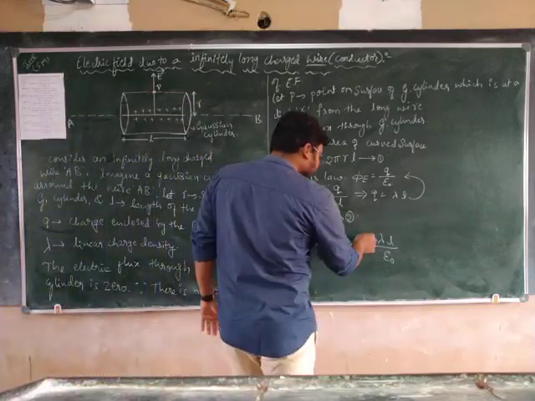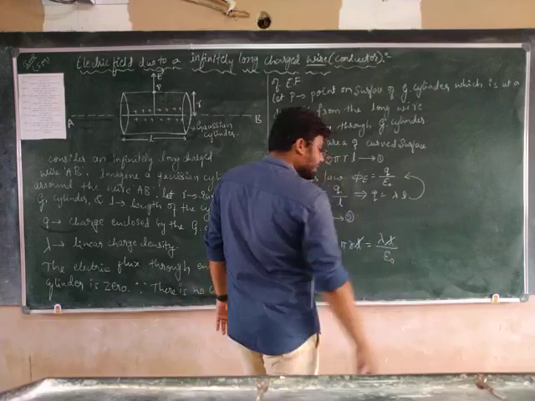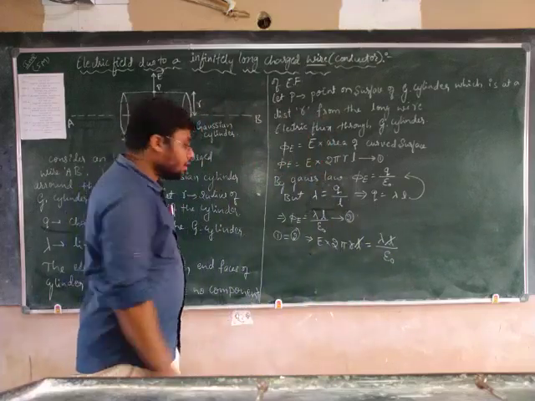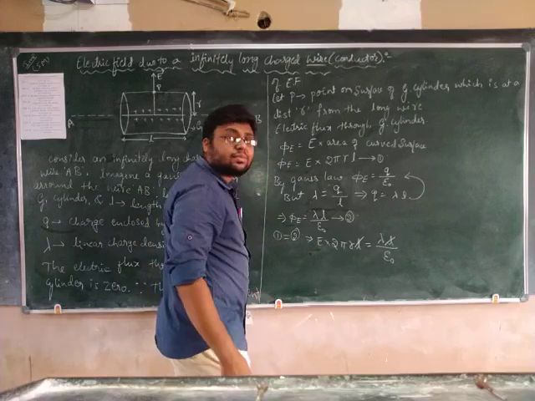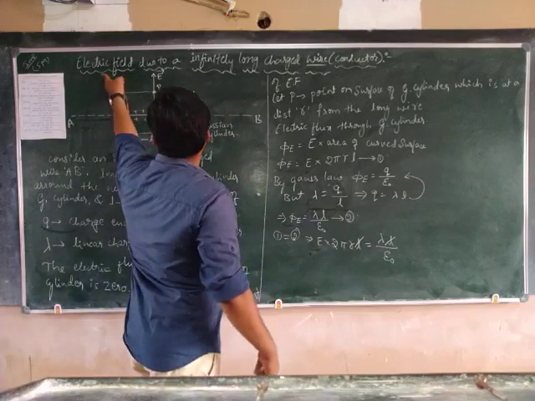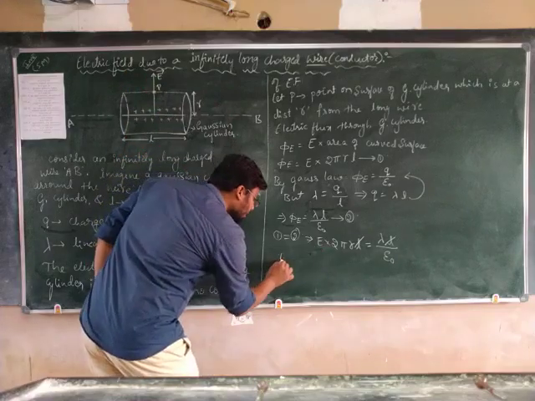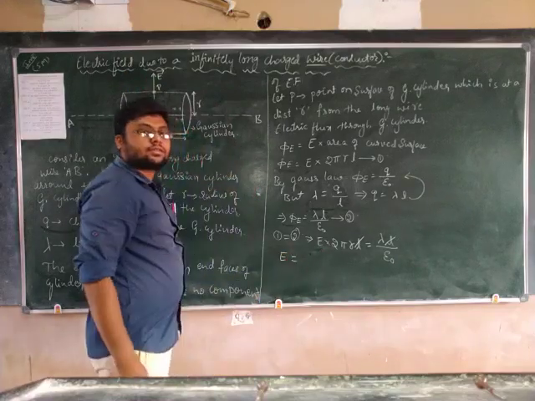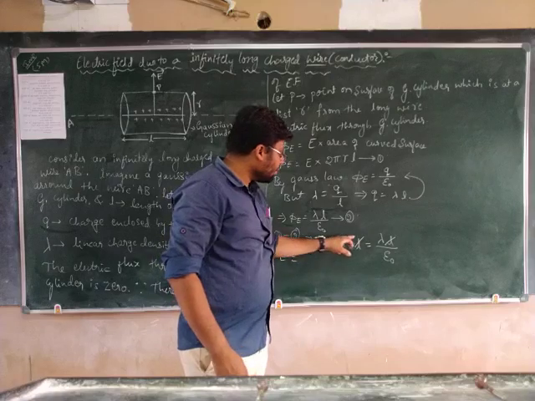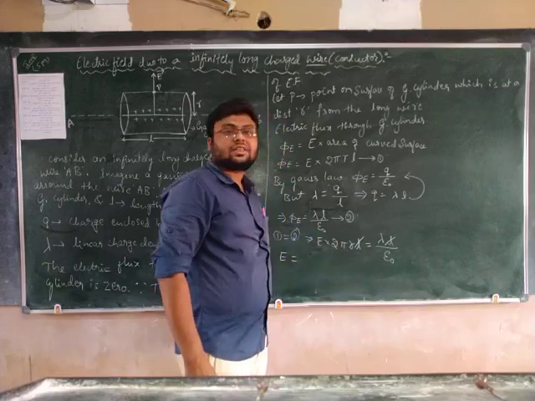So then look here, L is going to cut. Then what are we determining here? The electric field, right? The electric field means E as it is. So you have to bring this 2 pi r factor to the RHS side.